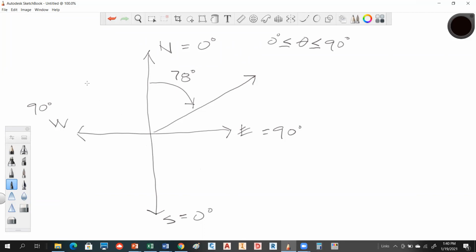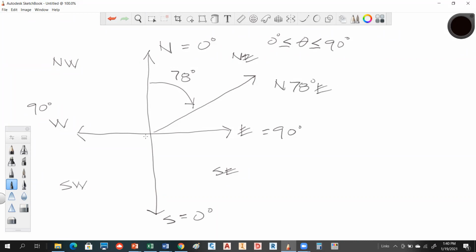So to qualify that, we break this thing down into 4 quadrants. So this is referred to as your northeast quadrant, southeast quadrant, southwest quadrant, and northwest quadrant. So now we would call this bearing north, 78 degrees east.